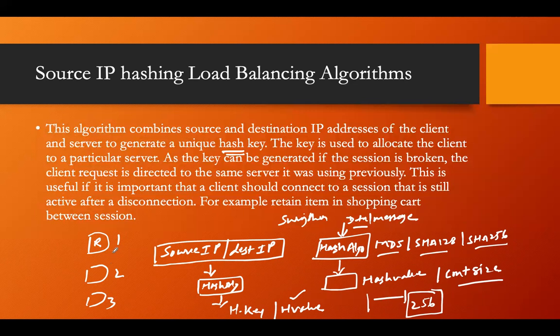So next time when you open it, you can see the same items in that cart, right? That is the usefulness of mapping to the same server again and again. If a request is given to the server, the same server will serve that request again. That is the objective of the source IP hashing load balancing algorithm.